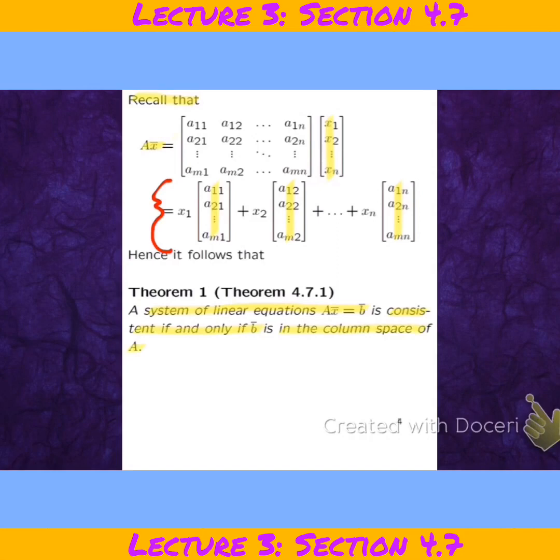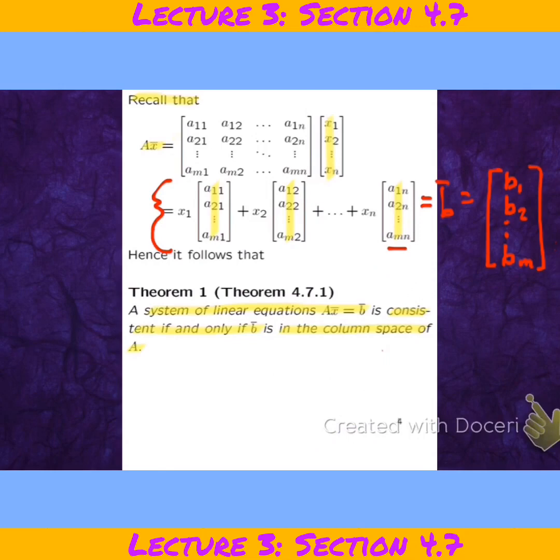So if we take that b, that column vector, we want b to be equal to Ax. In other words, it's the same as saying that b is in the column space of A.